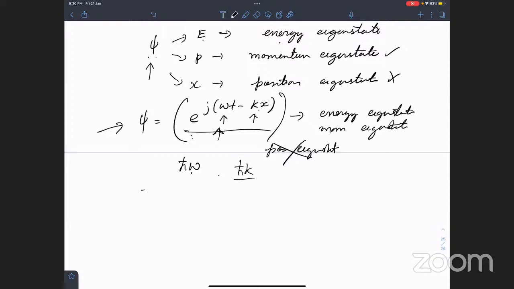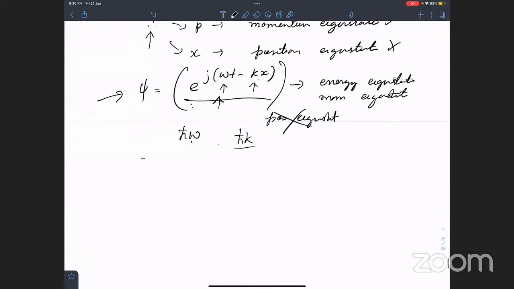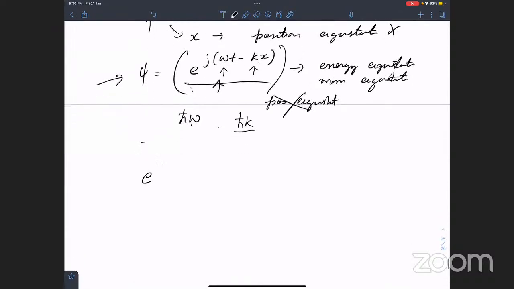Let me go on to the Gaussian wave function that I was talking about, e to the power j x squared by 2 sigma, times e to the power j omega t. I'm doing proportionality here because some of these cannot be normalized. They're not normalizable.